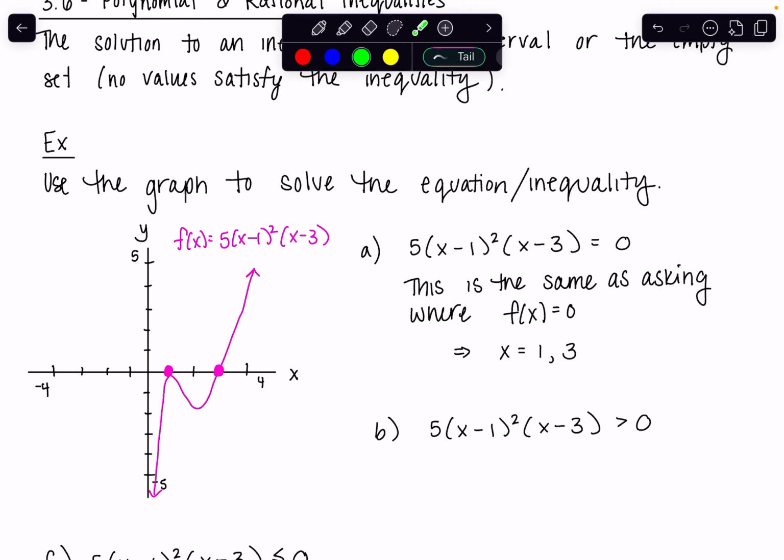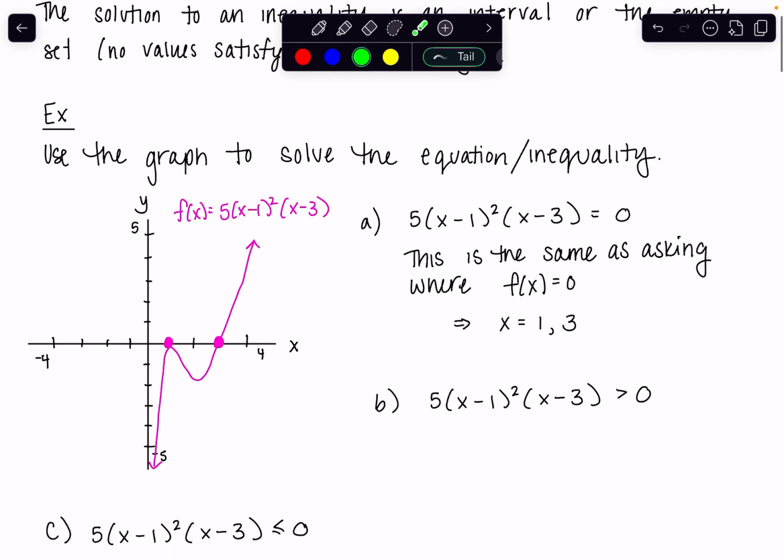In the second example, we want to see where this is greater than 0. That's the same thing as asking where the function is greater than 0. The thing I want you to recognize is that these two values where the function exactly equals 0 are important, because a polynomial can cross through and go from negative to positive around 0.